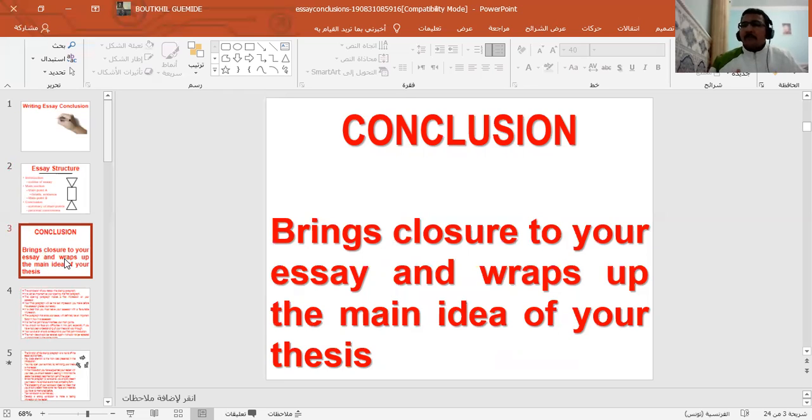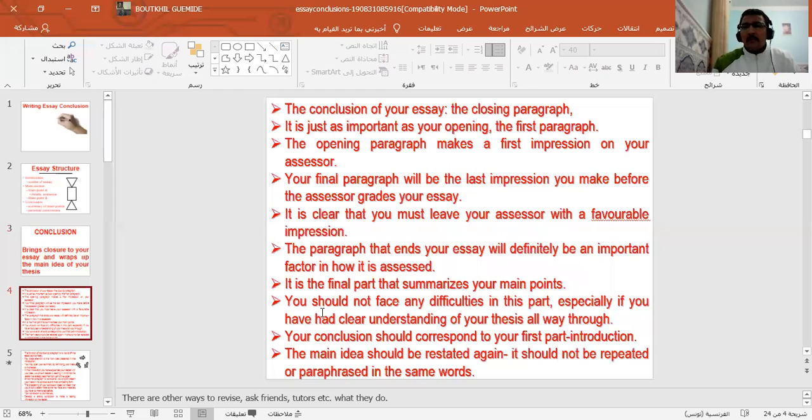So we write our conclusion in order to inform about the essay's completion, and also it is where we should restate our thesis statement and summarize the main points discussed and analyzed in the body paragraphs. So the conclusion of the essay is the closing paragraph. It is just as important as the first paragraph, the introductory paragraph. Remember, all sections of essay writing are important.